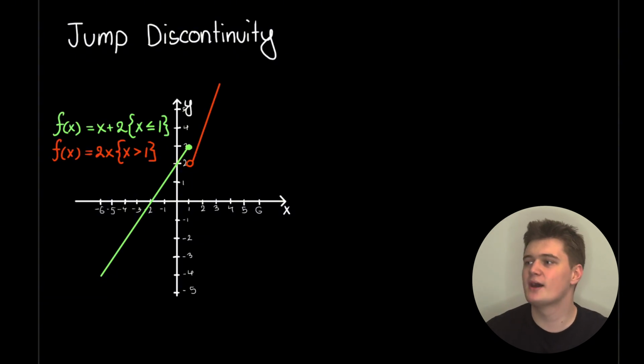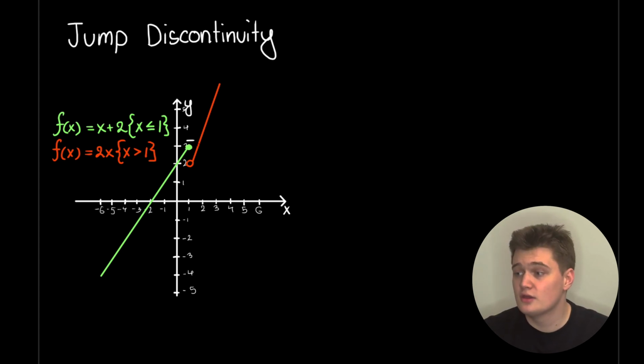Next one, it's jump discontinuity. So it's not really a function that is defined by only one equation, because there might be two equations. Like over here, you can see that on the left side, the green one is defined by f of x equals x plus 2 when x is less than or equal to 1.